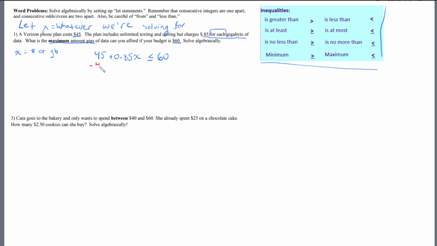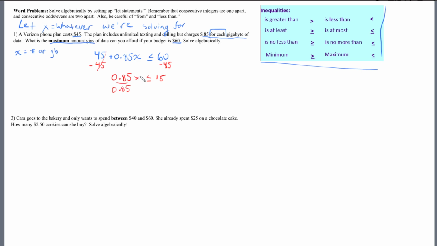So let's subtract our 45 from both sides. So we have 0.85x less than or equal to 60 minus 45, 15. Let's divide by 0.85. Now, I don't want you guys to be intimidated by a decimal, right?